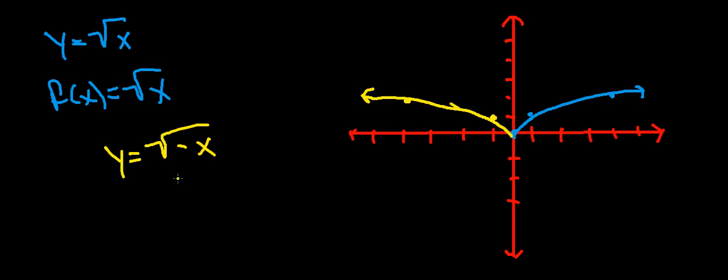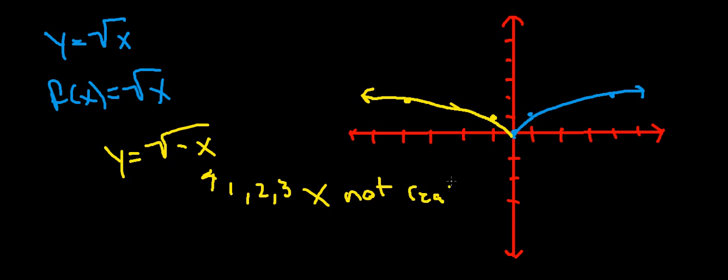And it might look a little bit strange because we're having a minus x under a radical, and you might be like, well, I thought we couldn't have minus signs in the radical. Well, that's correct. If we put in positive numbers, so if we put in 1, 2, 3, we're going to get minus the square root of 1, minus the square root of 2, minus the square root of 3, which all are not real answers.